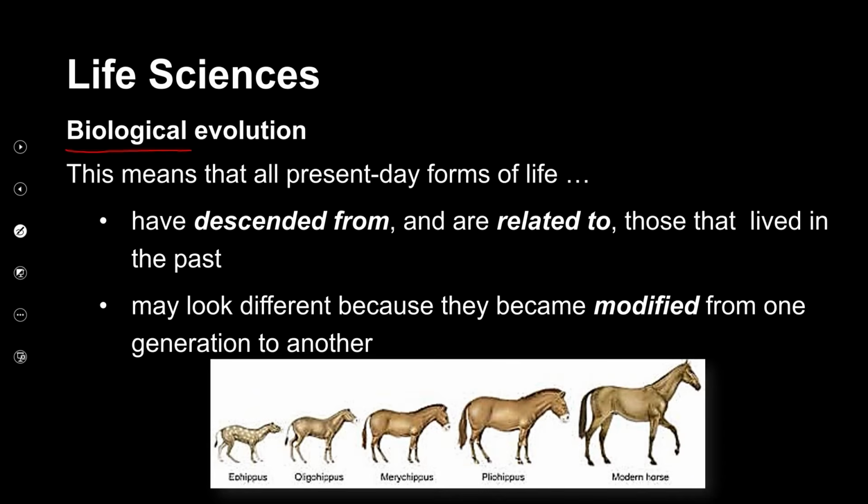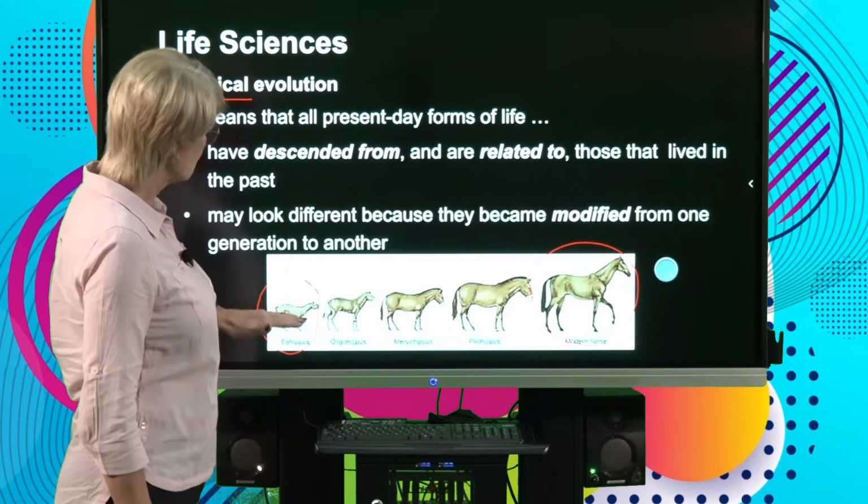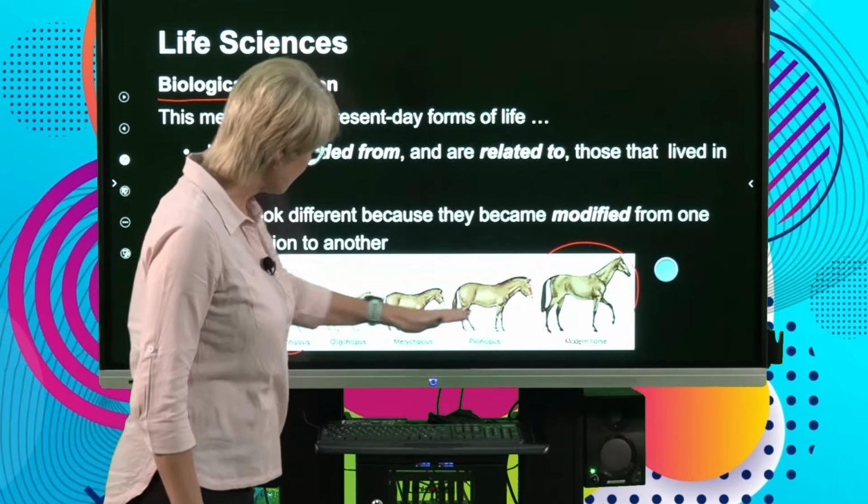This modern day horse is related, and it came from this organism here at the beginning. In other words, it has descended from this organism and is related to all of those that have lived in the past.